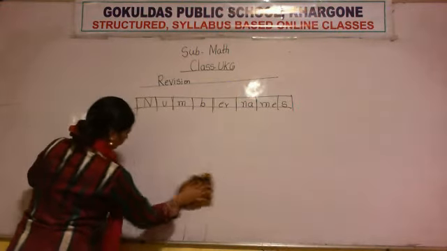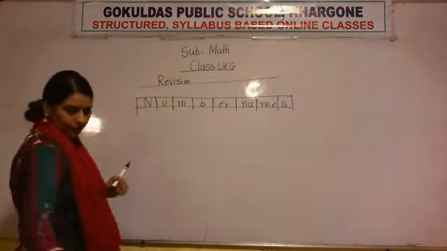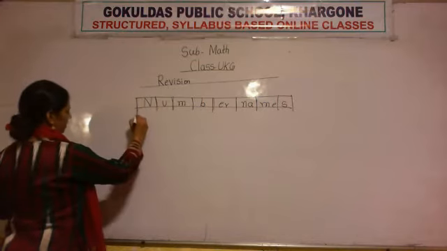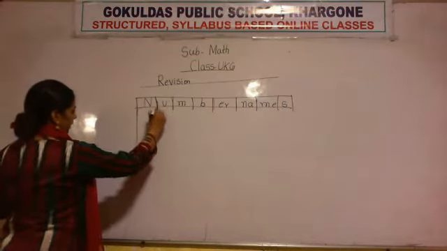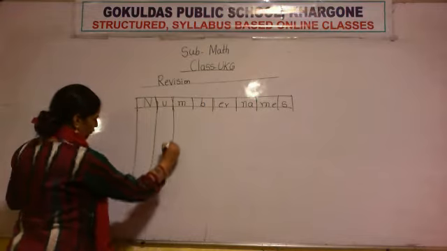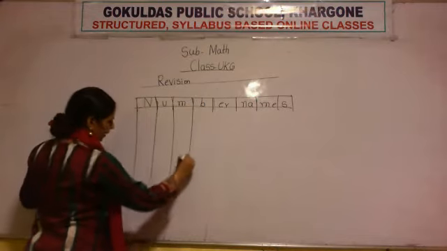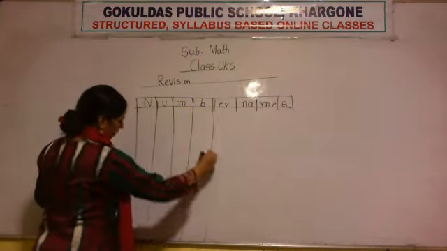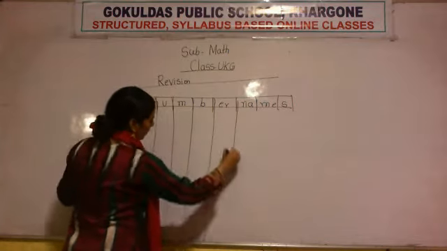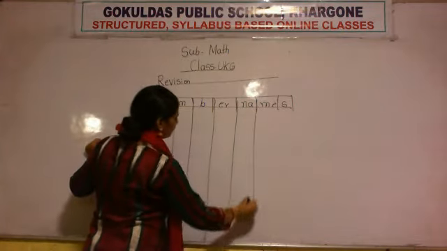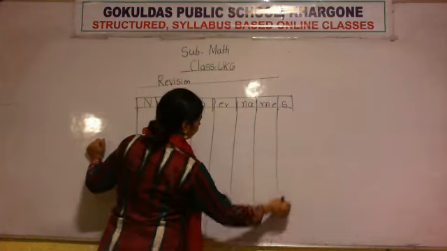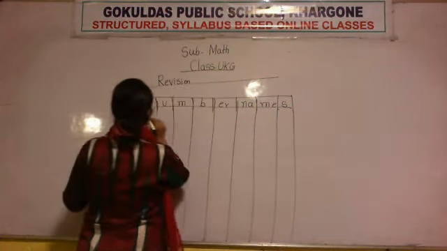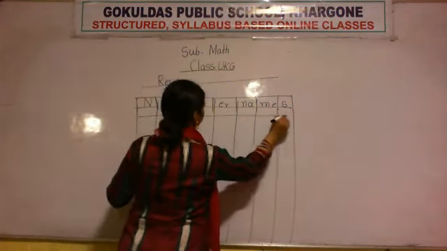Now I am going to write the spellings from 31 to 40. Again on a new page, you have to write revision, proper date and heading, numbers, names. After that, give one column gap here.